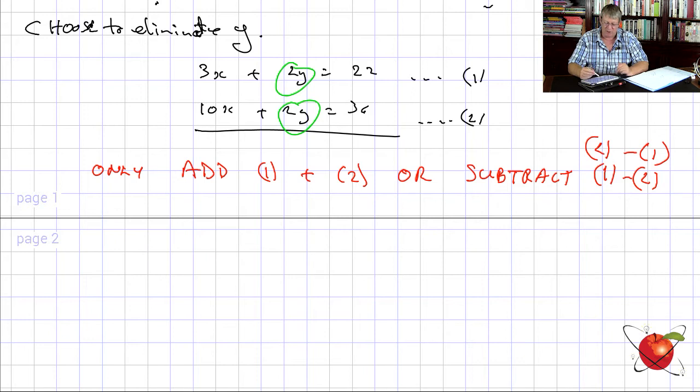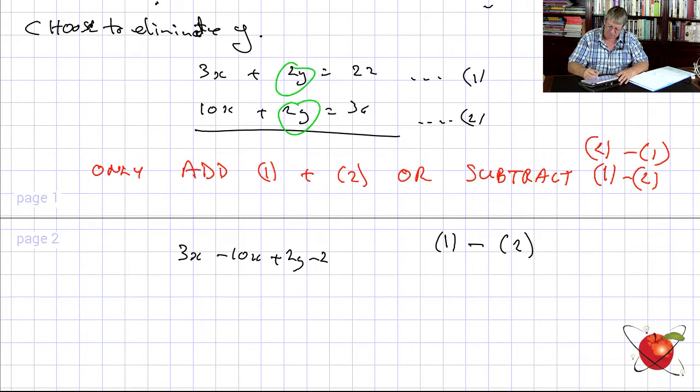What do I have to do? I have to take equation 1 and subtract equation 2. What happens? I get 3x minus 10x plus 2y minus 2y is equal to 22 minus 36. Correct? That's what I get.